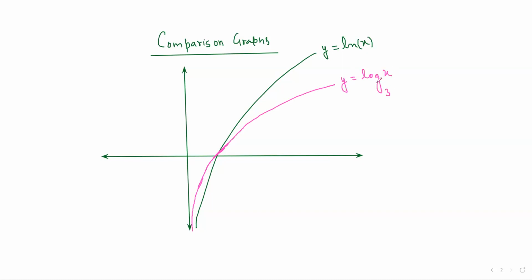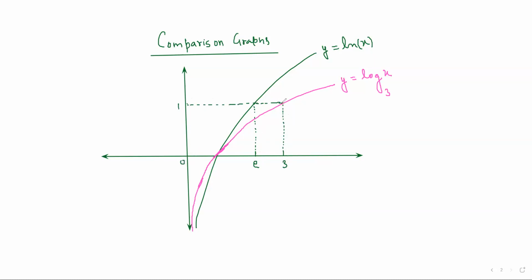But the important point, guys, is to observe one thing. Let's say this is e. Let's say this is 3. Both give the same value, 1, and this is 0.